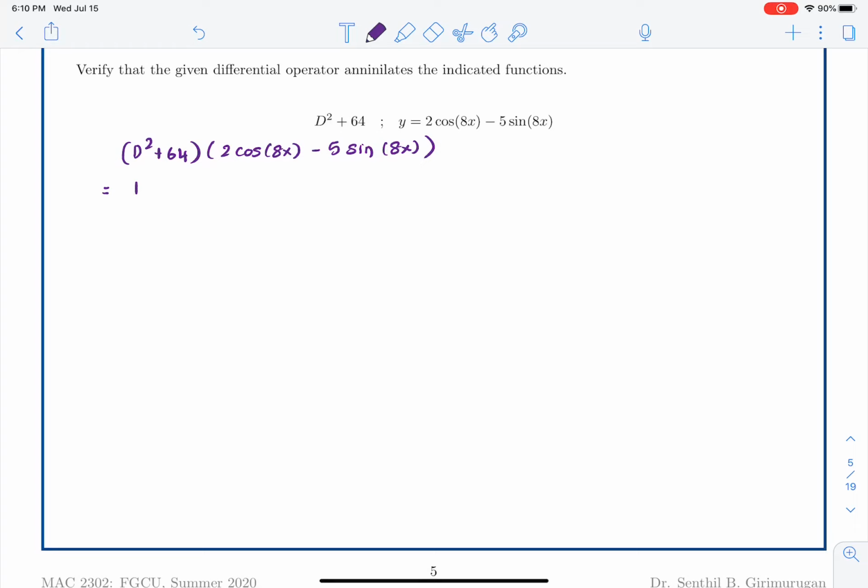That would equal D squared applied to 2 cosine 8x minus 5 sine 8x, plus 64 times 2 cosine 8x minus 5 sine 8x.